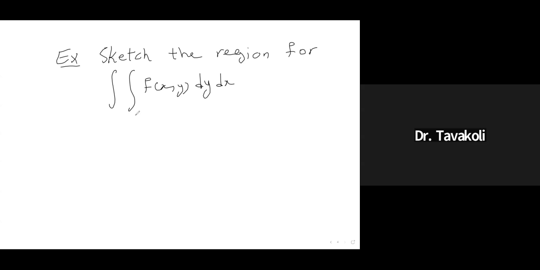Y runs from x squared to the constant 25, and x runs from -5 to +5. I just focus on the region. The region is determined by the limits of these two integrals. So this tells me that y is between these two functions, x squared and constant 25, while x is between these two constants from -5 to 5.